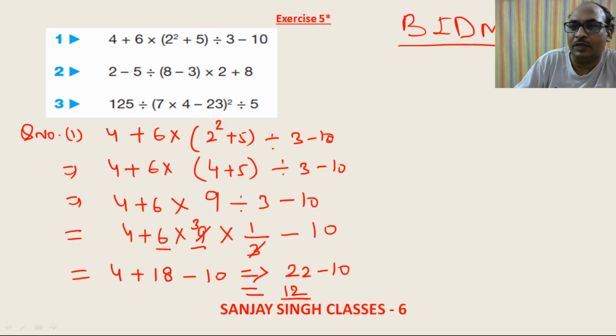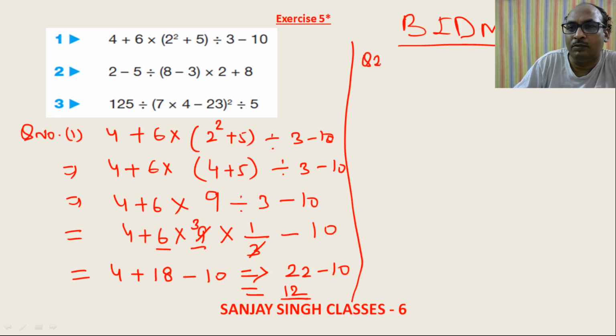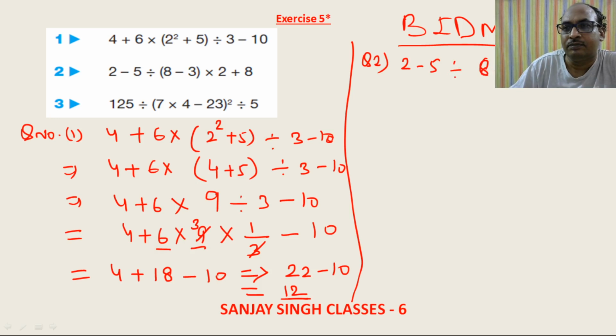Now we will put one single line here, and here we are going to put question number 2. Question number 2 is 2 minus 5 divided by (8 minus 3), in bracket, into 2 plus 8.